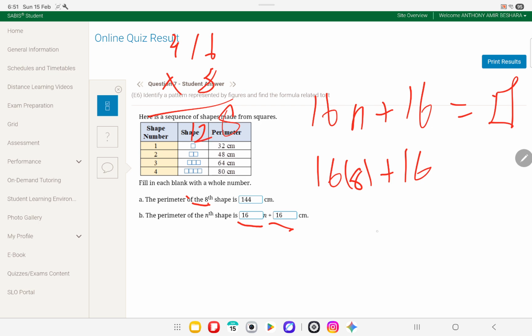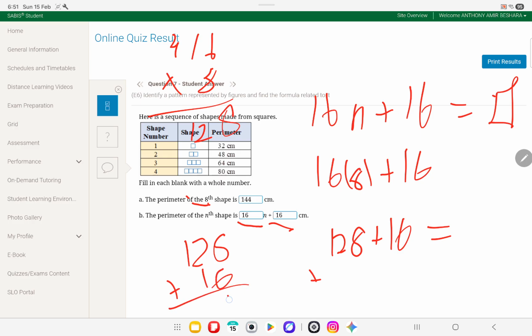So it'll be 128. It'll be 128 plus 16 equals 144. So the perimeter of the 8th shape is 144.